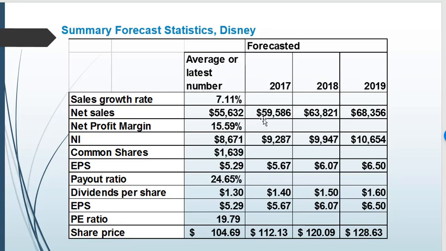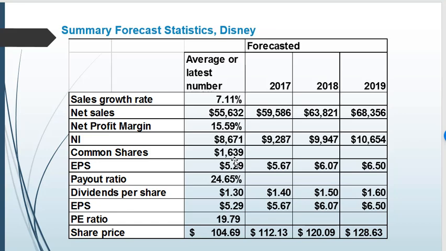So we project moving forward for the next 3 years, given a 7% growth rate, what will sales be over the next 3 years? The net profit margin was the average from the previous slide. Plug that into this formula, right? So it's net profit margin times sales gives you net income.